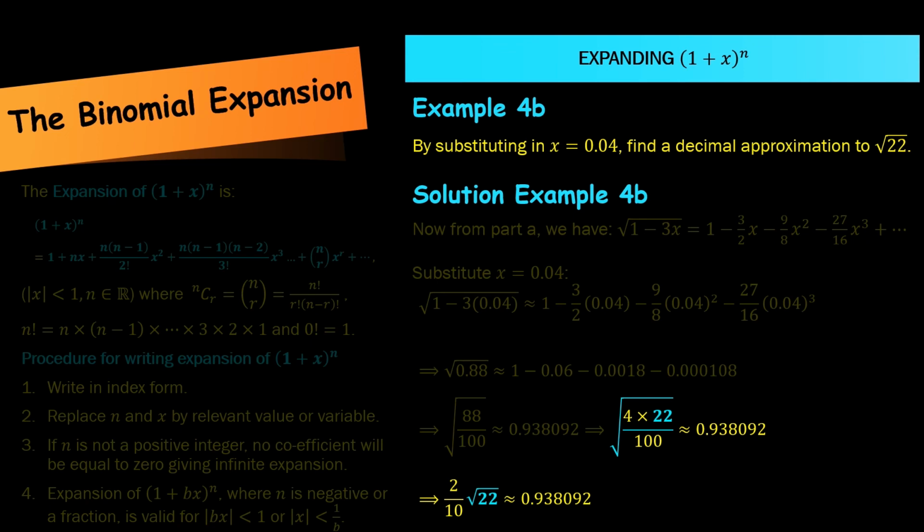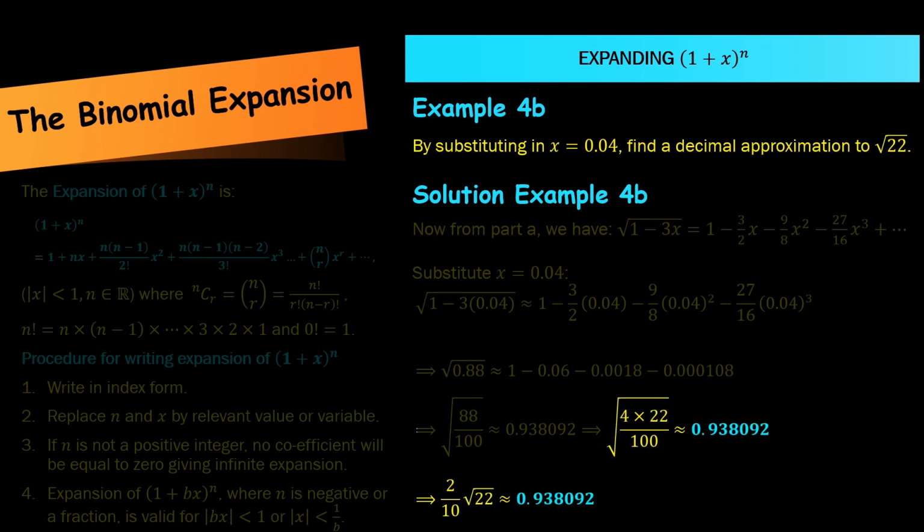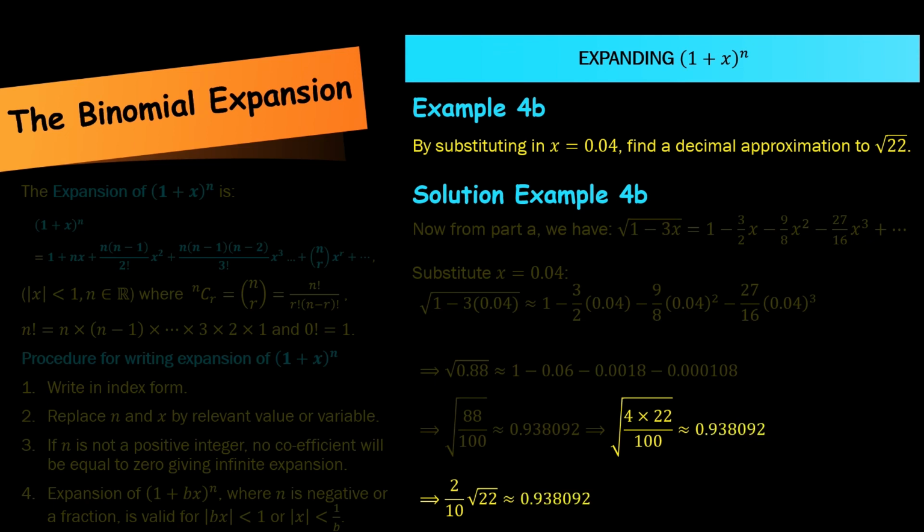And of course the right-hand side remains as it is, giving us that root 22 is approximately equal to 4.69046.